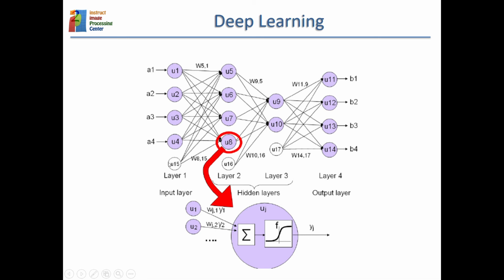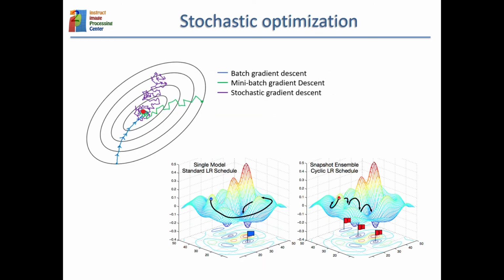So this is the input layer, this is the output layer, but then you can have many layers in between, and these hidden layers are why this domain is called deep, because you have many layers.